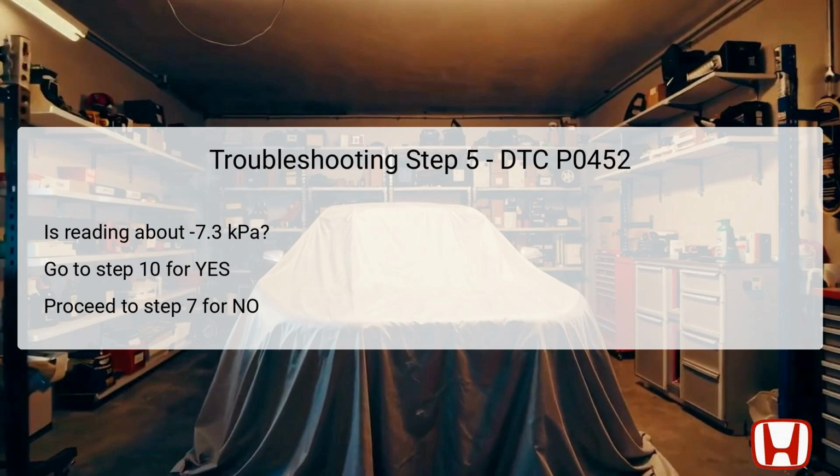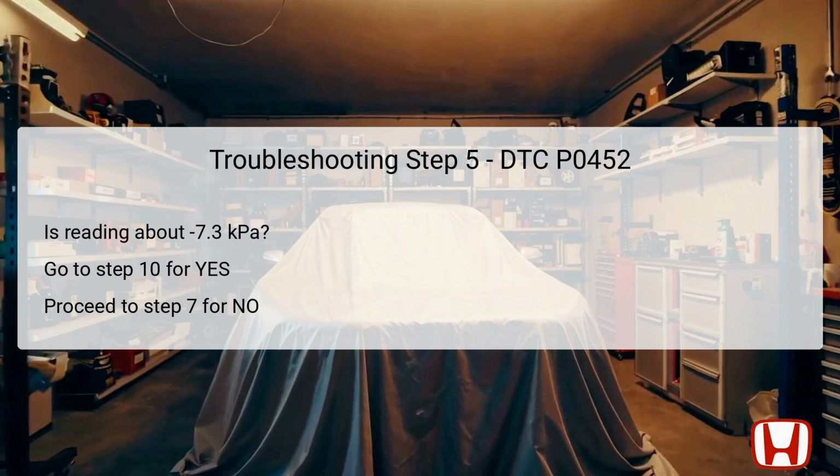Once the FTP sensor readings have been recorded, examine whether the output is close to -7.3 kilopascals. If the readings indicate this value or below, including 0.3 volts or less, proceed to step 10.